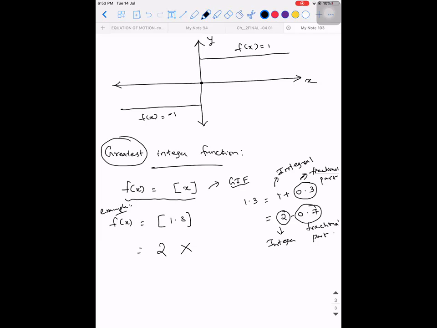Why it is wrong is because when you need to find the greatest integer of a number, you need to always write it as the sum of an integer part and a fractional part, and the fractional part should always be positive. I'm repeating it. In the second case, the fractional part is negative.